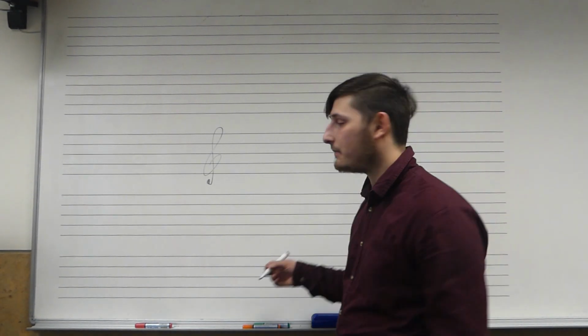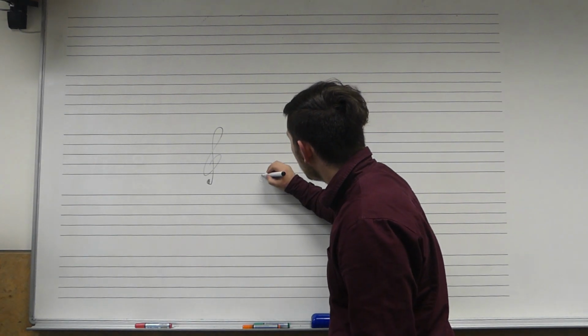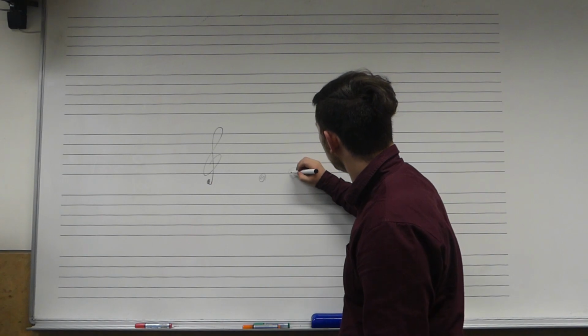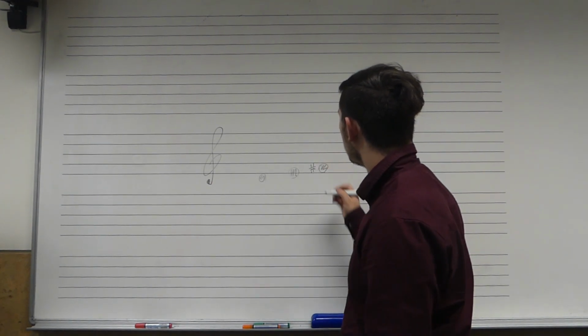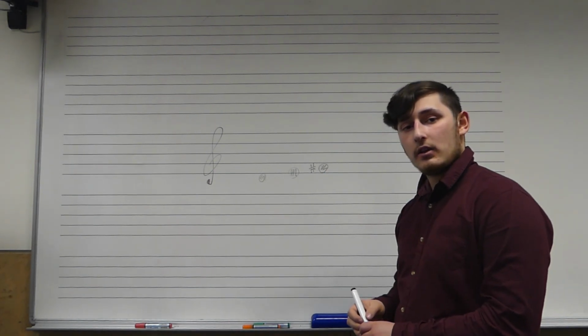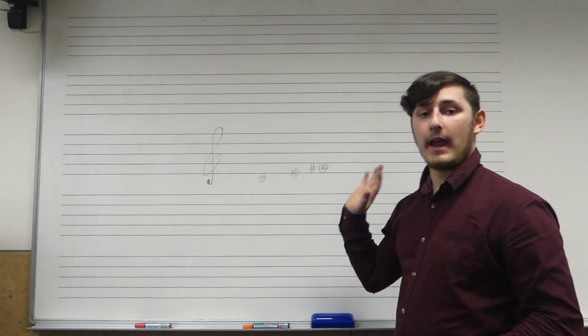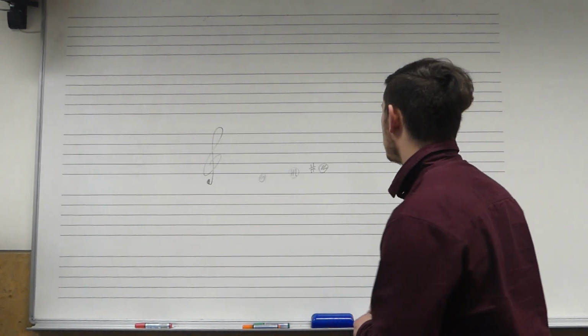For example, as we know our D major scale, we have an F sharp. So we'll get into the F sharp and the C sharp and how they can be altered during intervals.